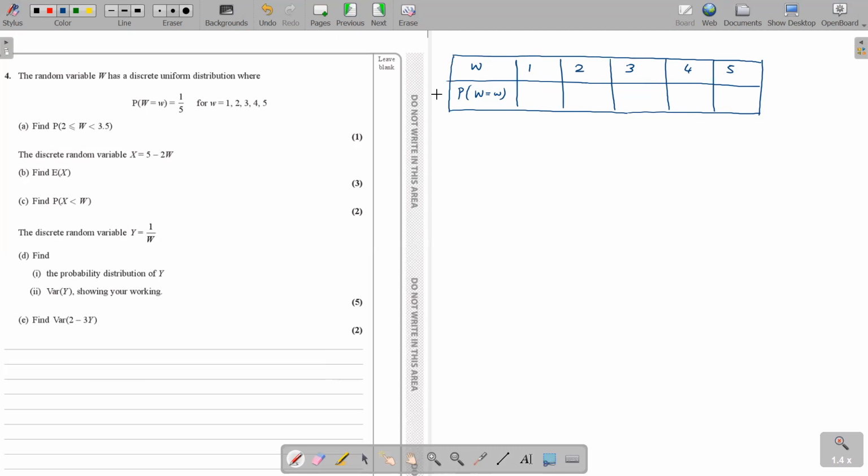So how much is it? For 1, it's 1 over 5. For 2 also, it's 1 over 5. For 3 also, it's 1 over 5. 4 also, it's 1 over 5. For 5 also, it's 1 over 5.